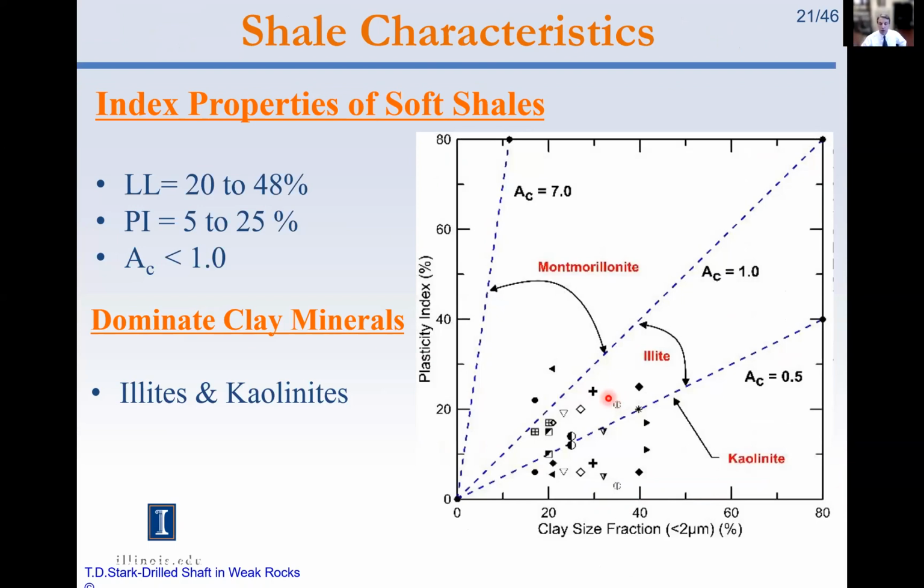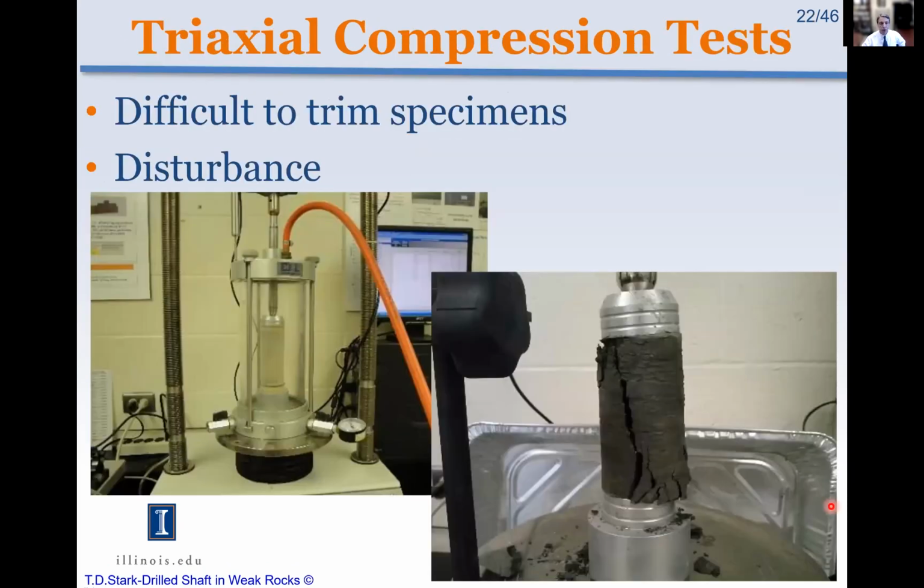Index properties for the shales, you can see clay size fraction, generally about up to 40, plasticity index to about 20 to 25 here. Dominant clay minerals, illites, and kaolinites. Here's our triaxial testing, and difficult to get intact core out of the core barrel, so that was a challenge.